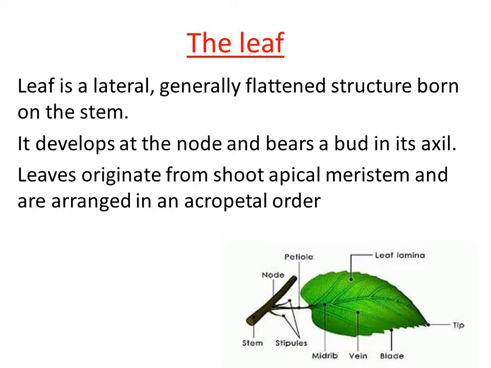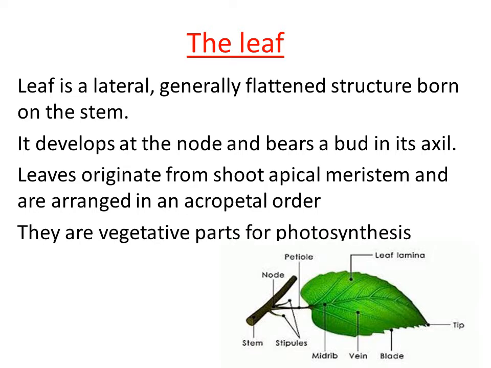That means the older leaves are present towards the base of the stem and younger leaves towards the tip of the stem, because the formation of leaf takes place from the apical meristem. Right. So the main function of the leaf is photosynthesis. It is a vegetative part of the plant from where food synthesis takes place. That means the actual process of photosynthesis takes place in the leaf.